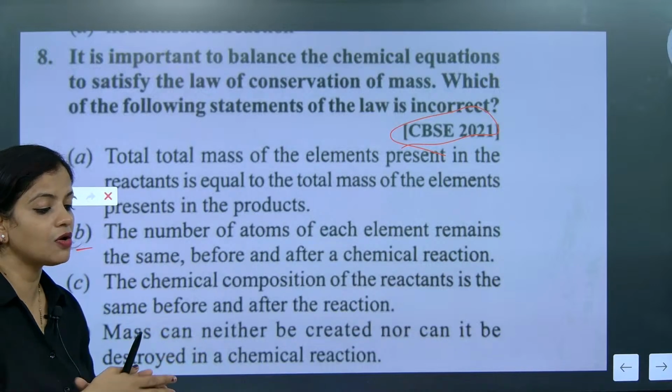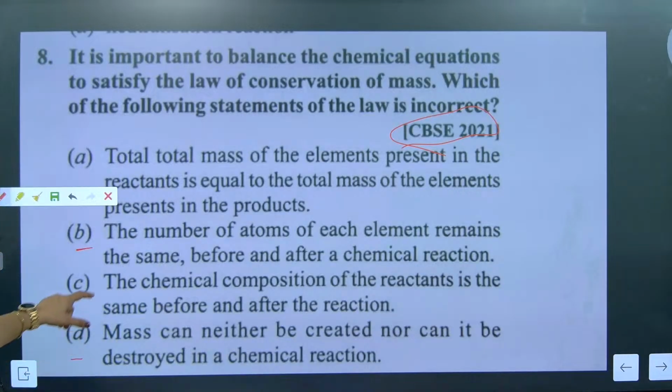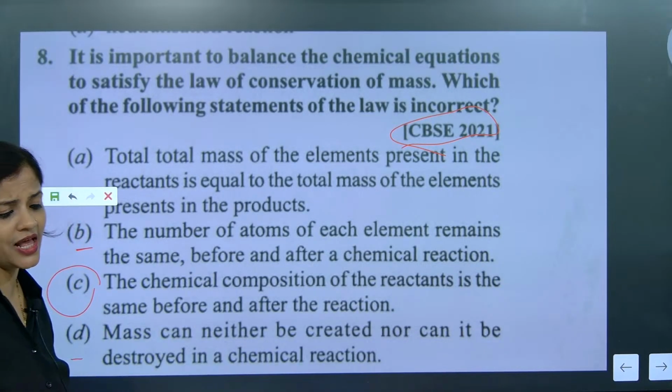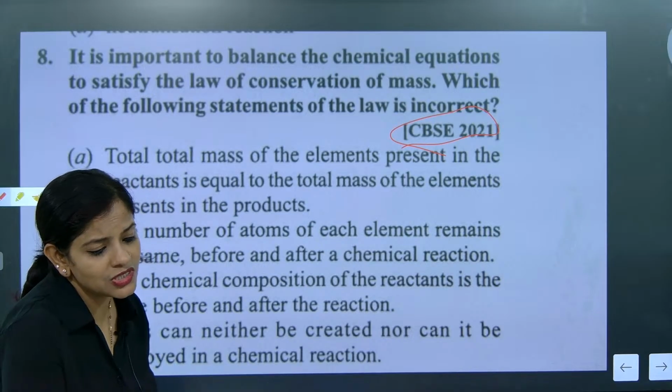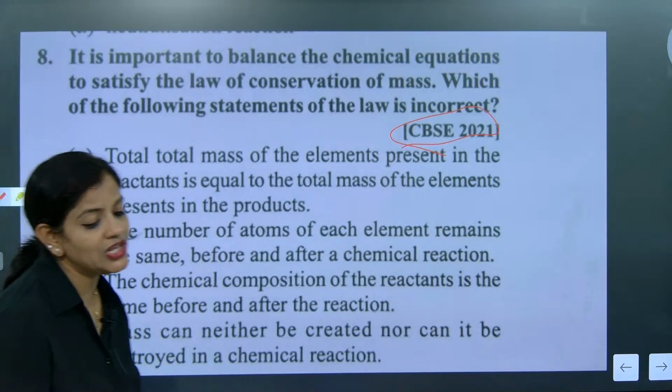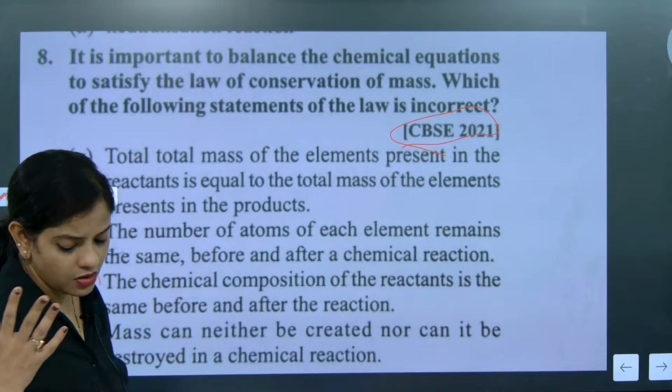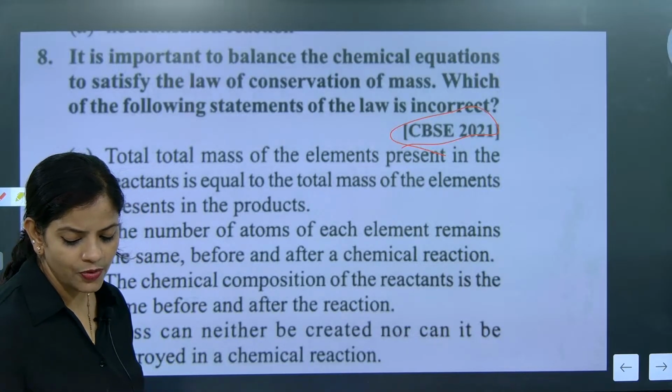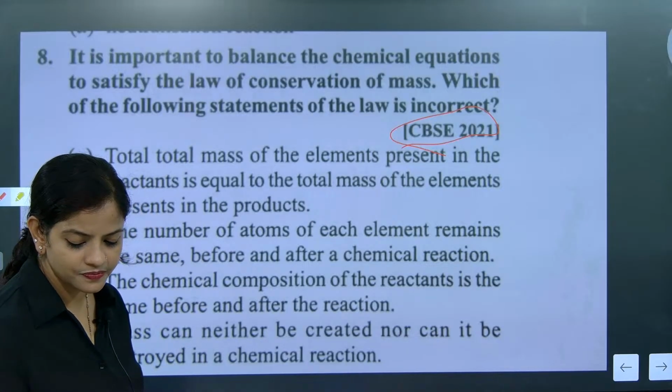We are searching for the wrong one. So definitely the wrong one is C: the chemical composition of the reactant is the same before and after the reaction. No, the chemical composition changes, and because of that only we are getting combination, decomposition, different types of reactions. I hope you have done this one nicely.